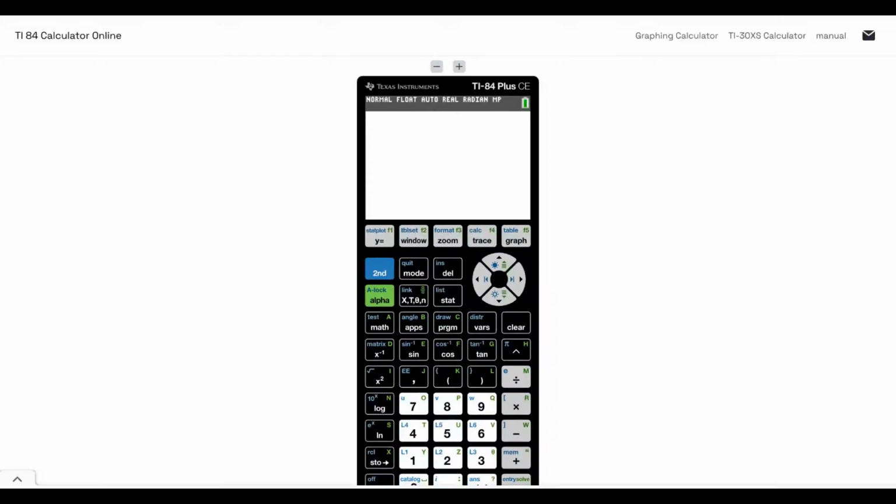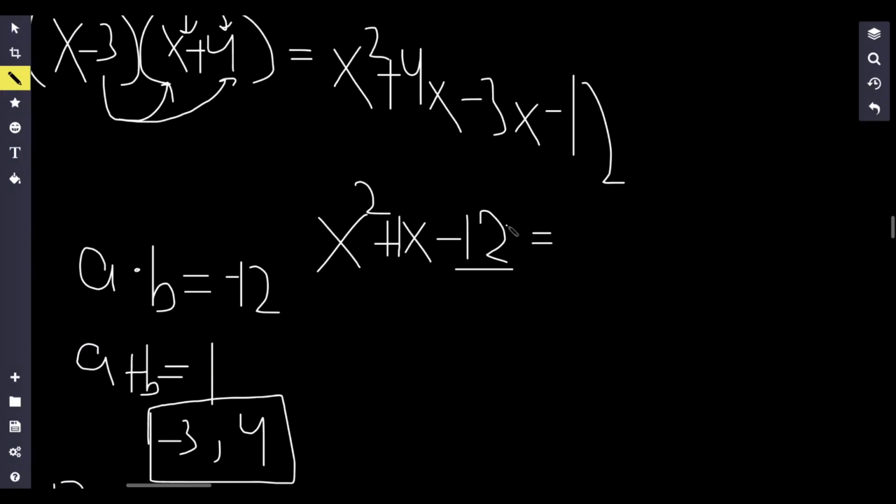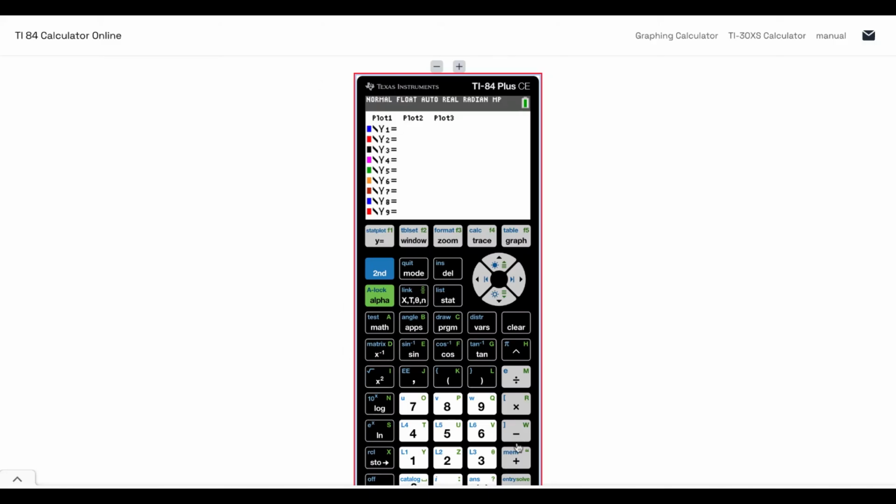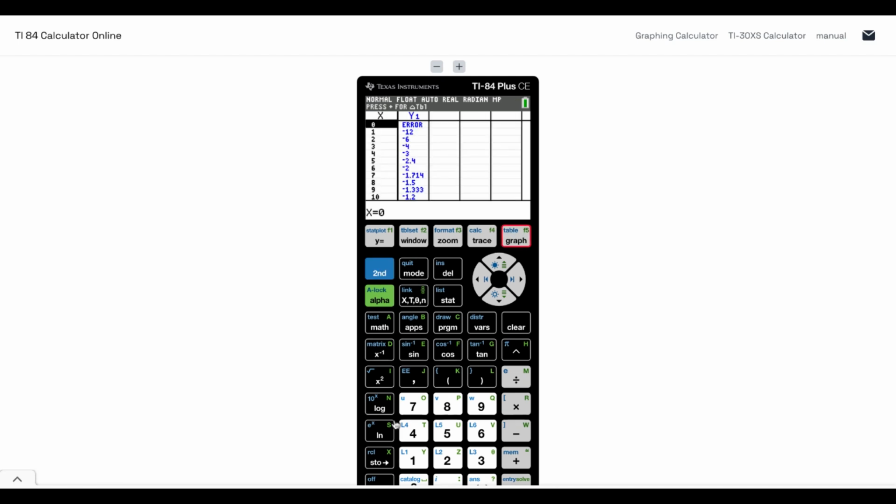Now, a good calculator trick is, in Algebra 2, you're going to be given a graphing calculator. So you enter in your last term, in this case negative 12, and you divide it by x. If you press second and table, it's going to give you all the factors of negative 12.